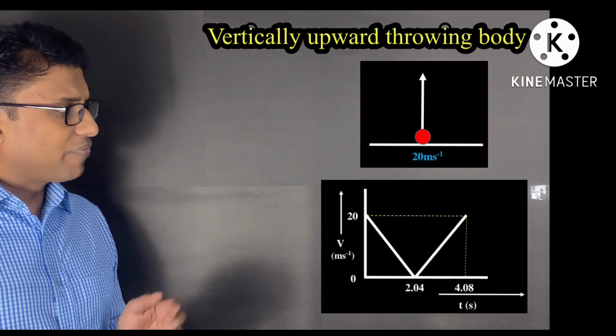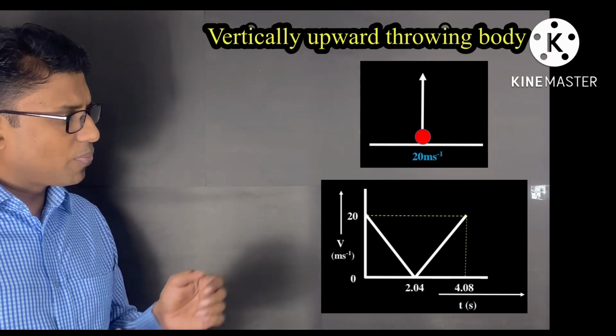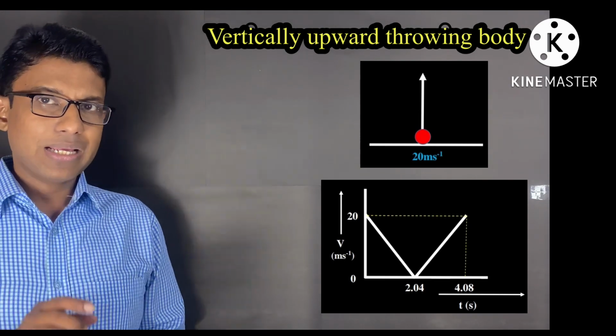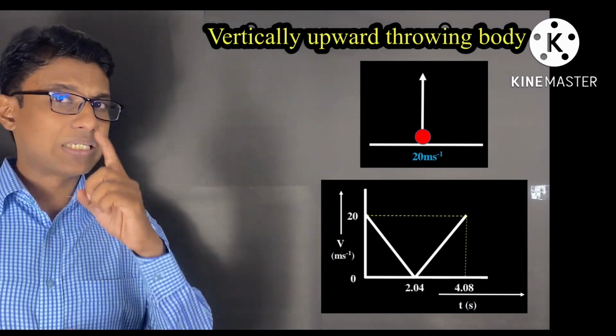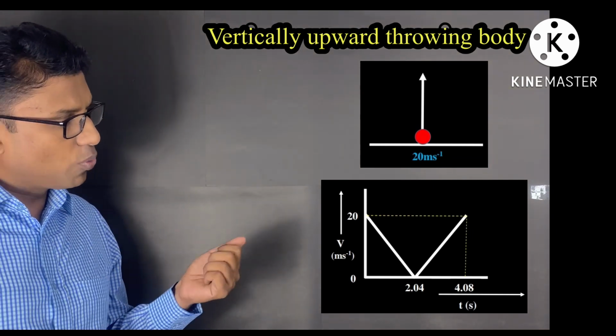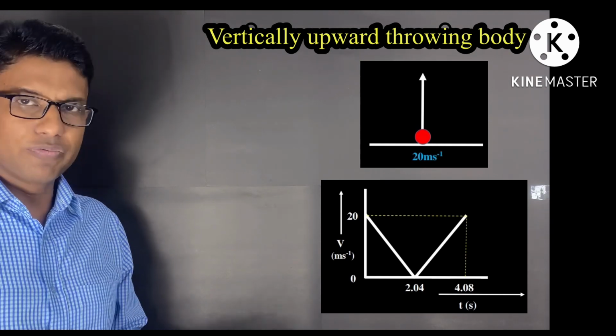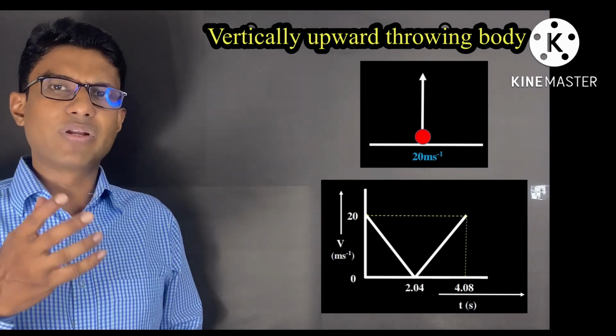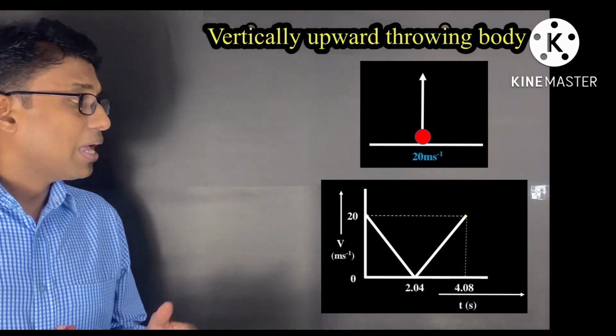Here in the graph you can see when the velocity is 0 meter per second, the time is 2.04, which is the time to reach the maximum height. The total flight time was 4.08. After 4.08 seconds, it has a velocity of 20 meter per second.